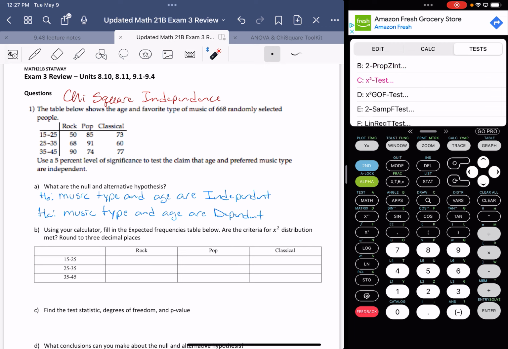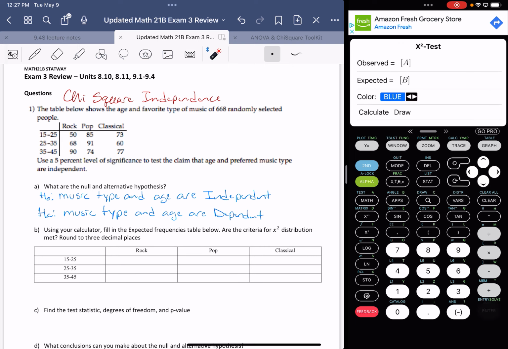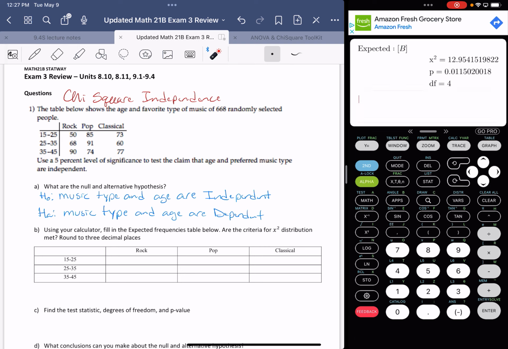Oops, I went too far. To chi-square test. You may have to hit enter a few times. But you should get then the chi-squared value of about 12.95, p-value of about 0.0115, degrees of freedom is 4.